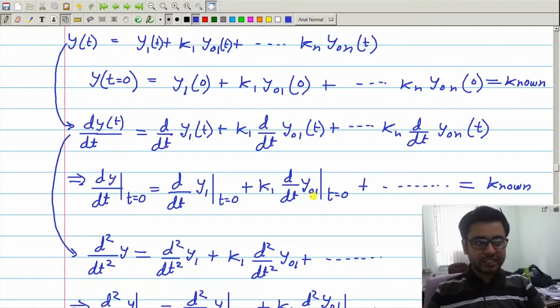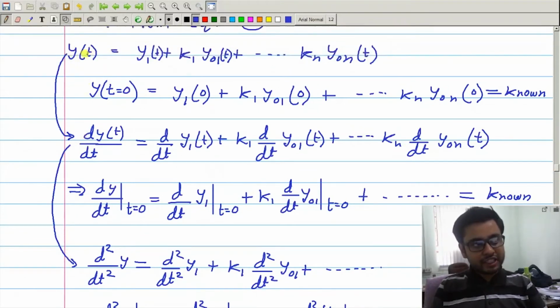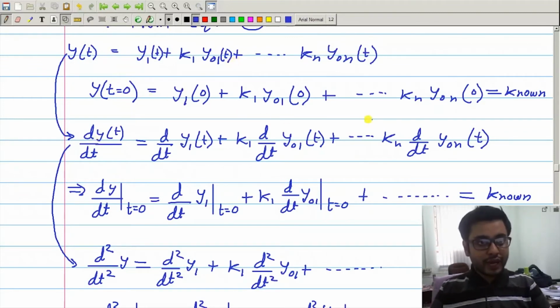Similarly in this equation again k1, k2 will be unknown, everything else is known, and this way by differentiating this equation n minus 1 times you can generate n number of equations in terms of the unknowns k1, k2, kn.